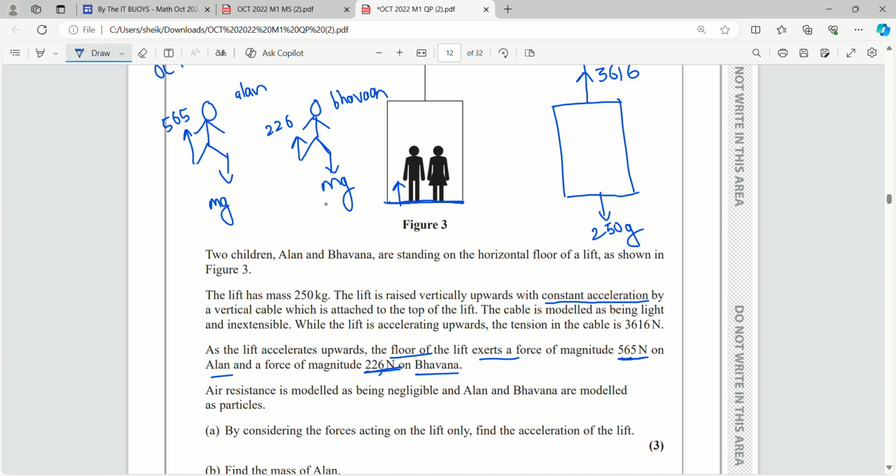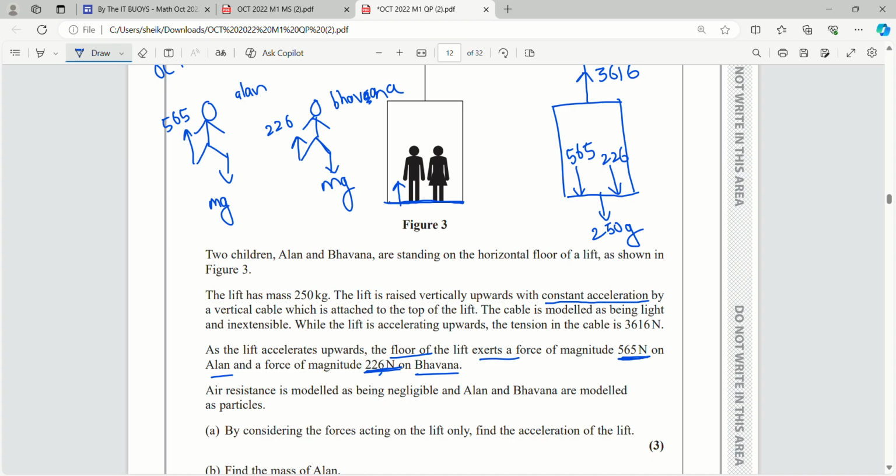So I wrote Bhavana. So if the lift is giving them 565 newtons and 226 newtons respectively, they must also provide those forces back, 565 and 226. It must be balanced, otherwise they would not be on the floor of the lift, they would be flying away.